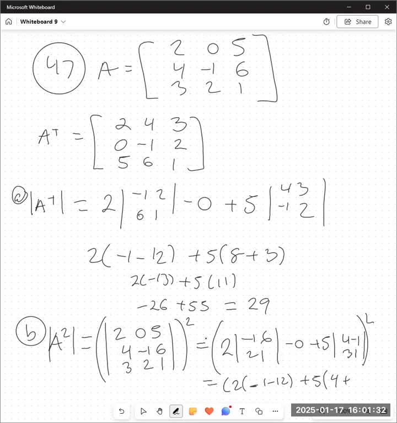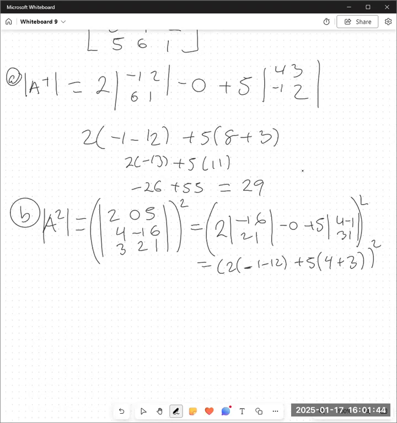plus 3, squared. That is 2 times negative 13, which is negative 26. 5 times 11 is 55. Let me check this. 2 times negative 1, 6, 2, 1, and then 4, negative 1, 3, 2.